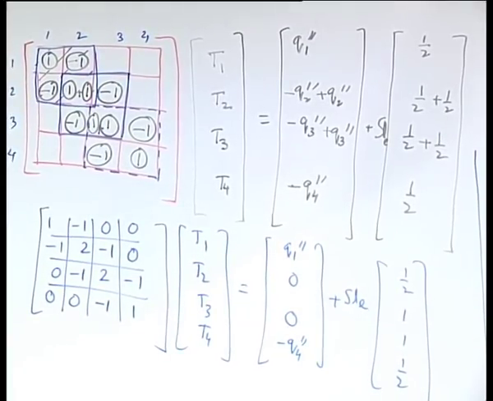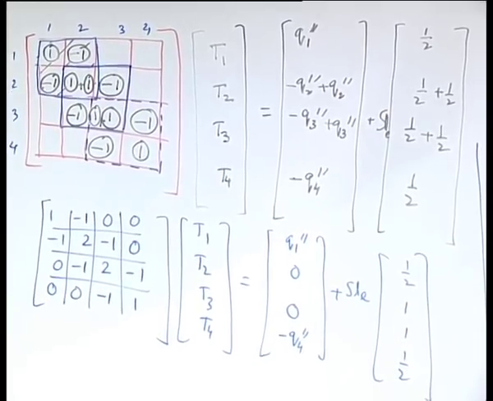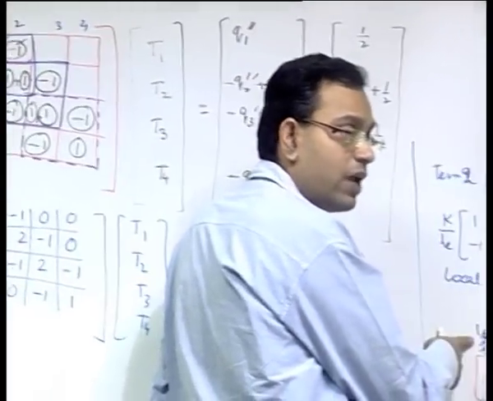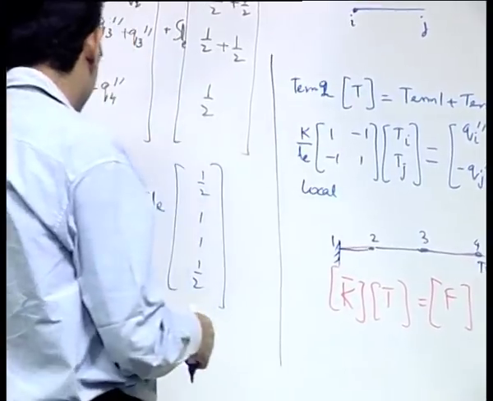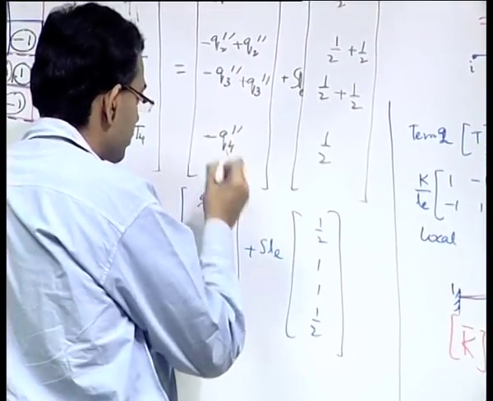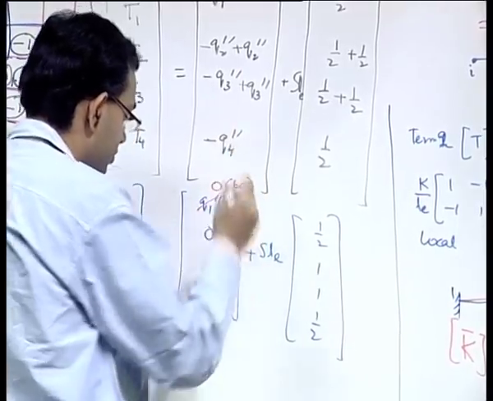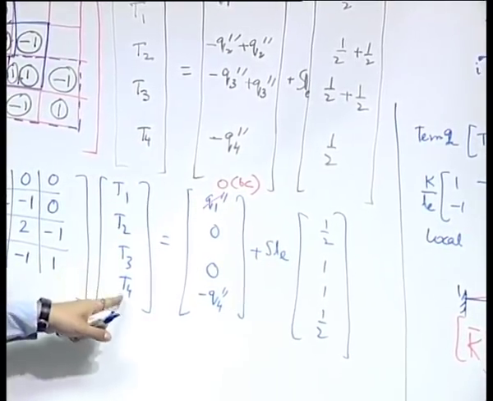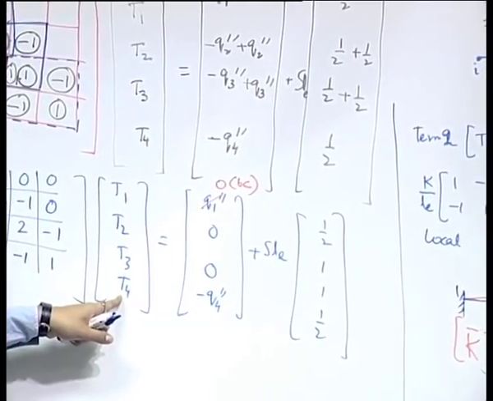Now you can complete the problem by imposing the boundary conditions. What are the boundary conditions that we had given? At x equal to 0 the heat flux is 0, it is insulated. So this is 0, this is one boundary condition, and at 4 T4 is specified.